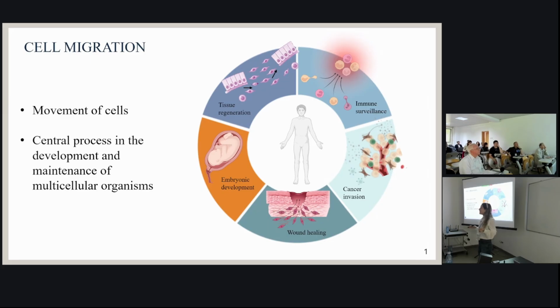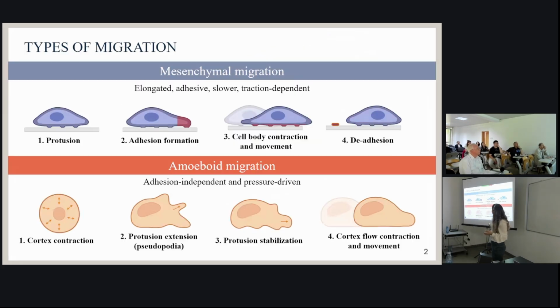In the literature, there are two main types of cell migration described: mesenchymal migration and amoeboid migration. These types of migration depend on the physical environment of the cells. Usually when they have substrates with adhesion, they are able to form adhesions with integrins, focal adhesions, and other proteins of the extracellular matrix.